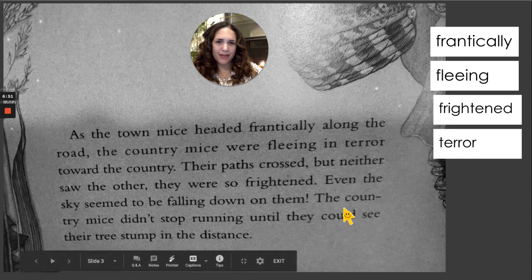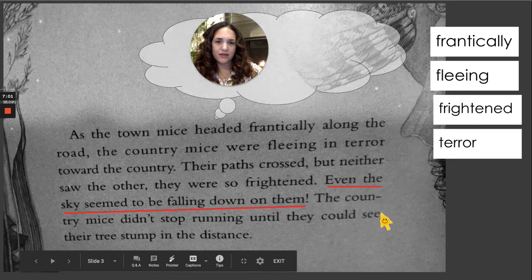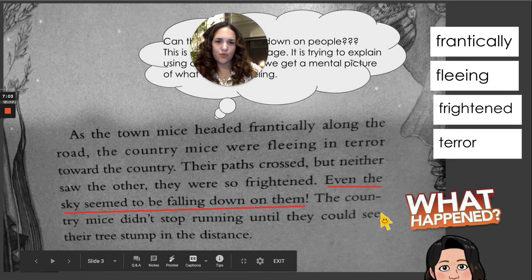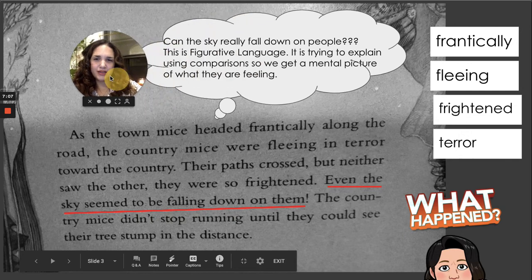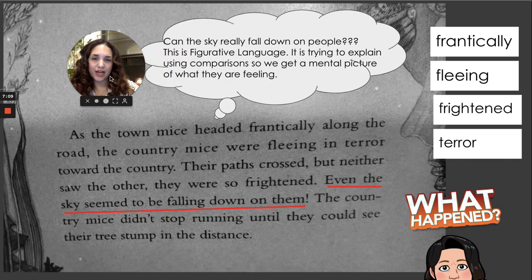Then, when I kept reading, something odd happened. This sentence right here that says, even the sky seemed to be falling down on them. What happened? Can the sky really fall down on people? I've never seen that happen.